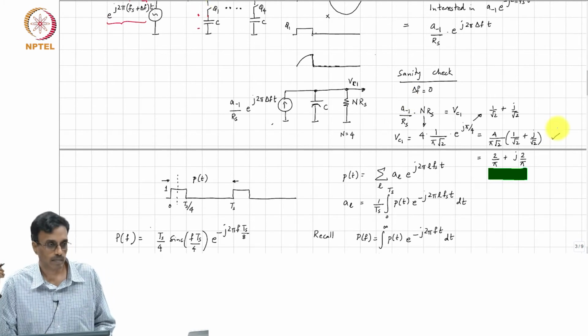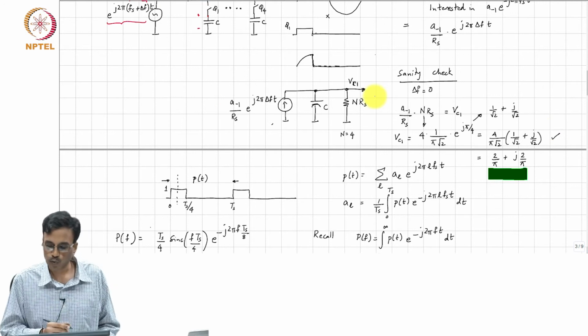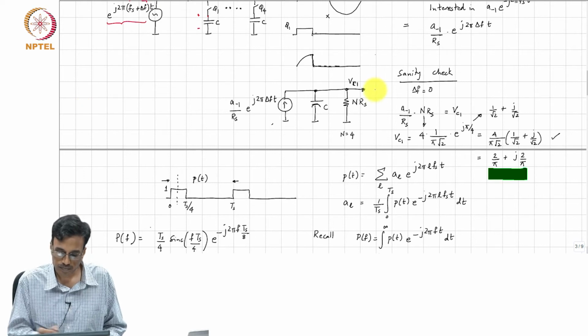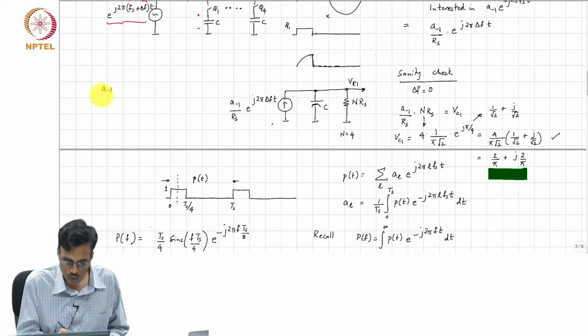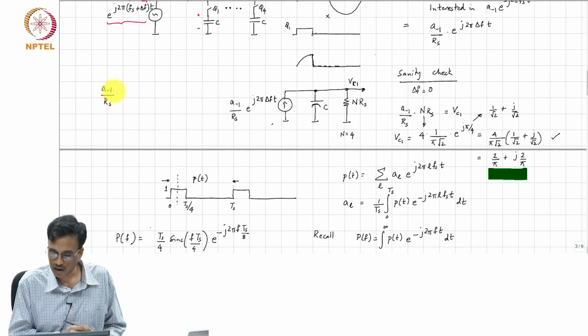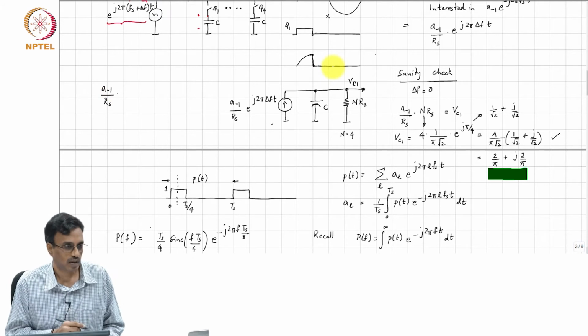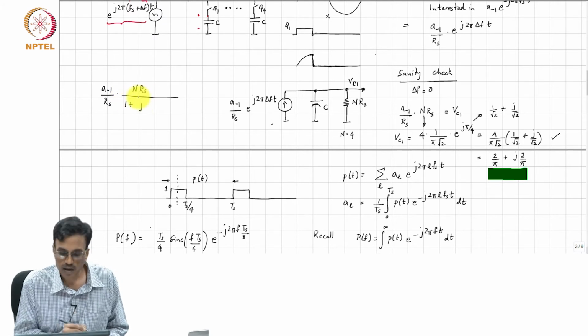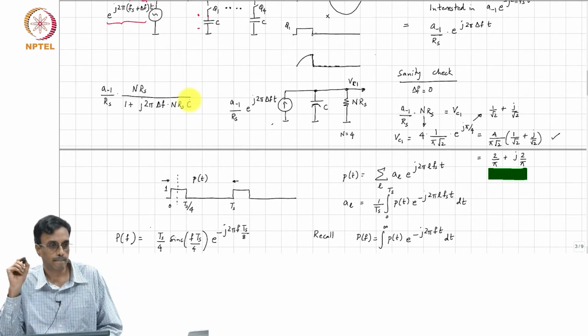Okay. So, all that I want to show here now is that as delta f, so sanity check, this is fine. So, as delta f increases, what comment can you make about VC1? It basically will be A minus 1 by Rs times the impedance of this RC network, which is NRS by 1 plus j 2 pi delta f times NRS times C. Does it make sense?